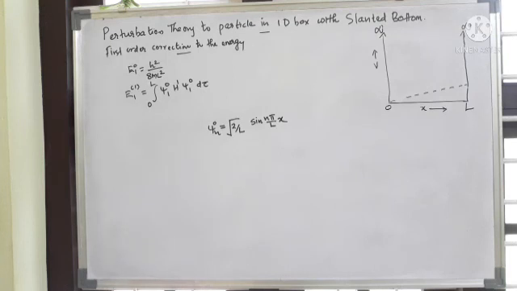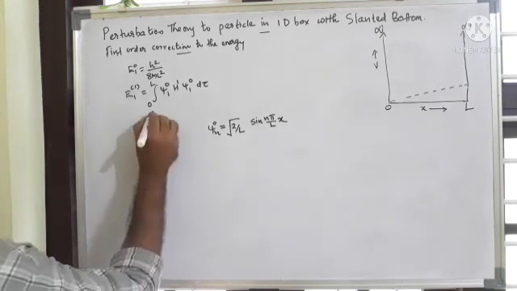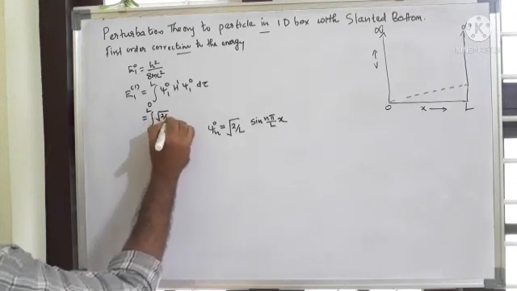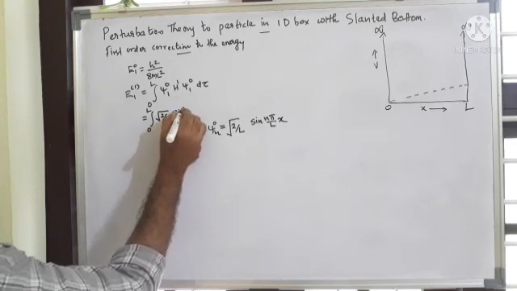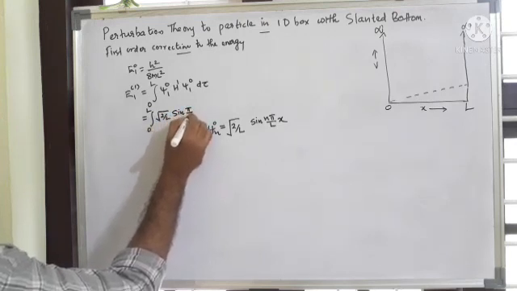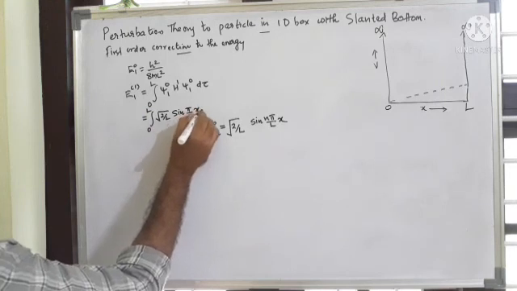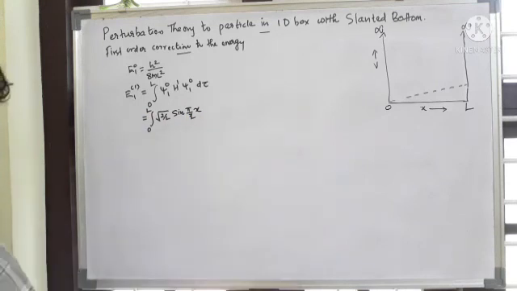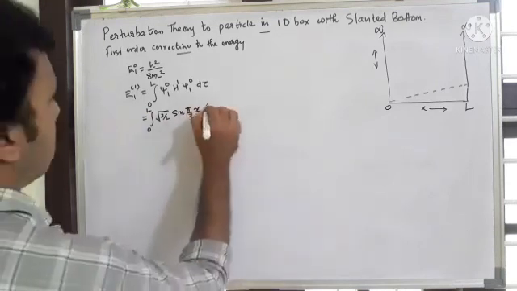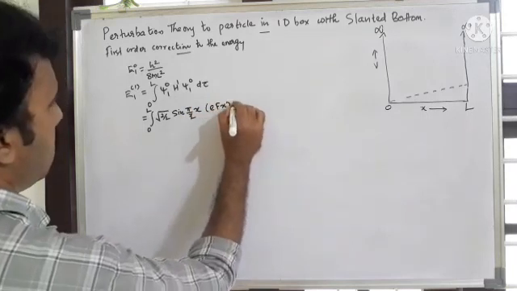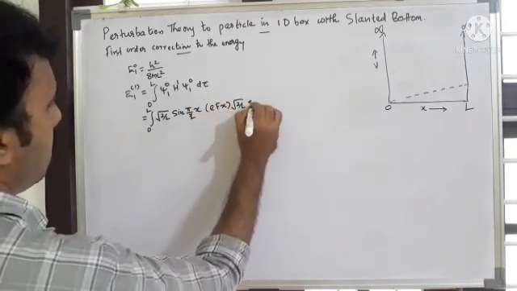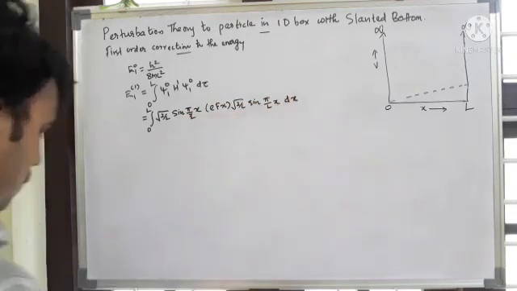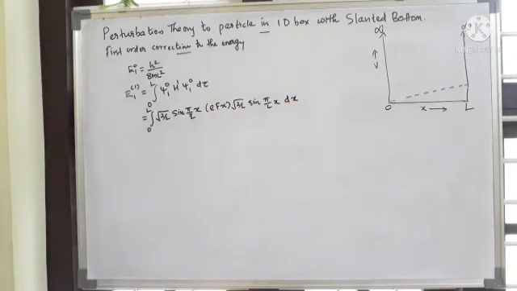So we have integral 0 to L of root 2 by L sin pi by L x, times H prime, which is EFX, times root 2 by L sin pi by L x dx, taking dx in place of d tau.